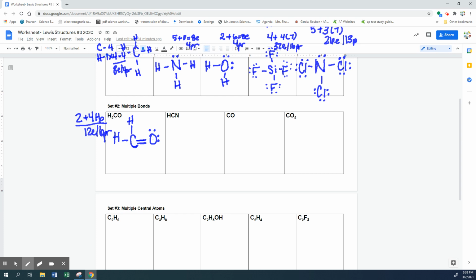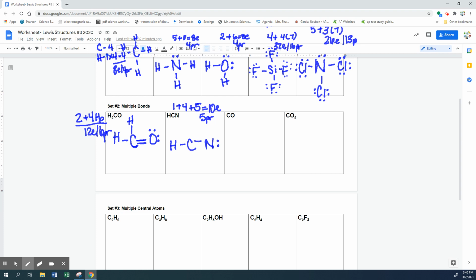Next, we have HCN. Our H has 1, plus carbon has 4, and nitrogen has 5. So we have 10 electrons or 5 pairs. Carbon goes in the center again. I have 1 H, so I'm going to put my H there. Now I know when I draw nitrogen, it's going to have a single pair of electrons and need 3 bonds.